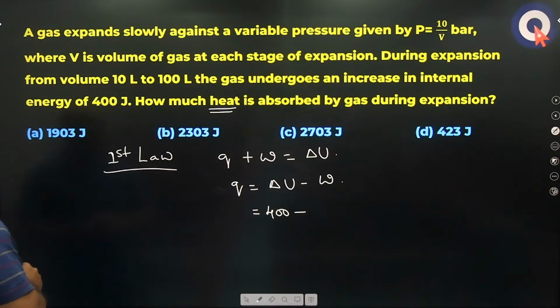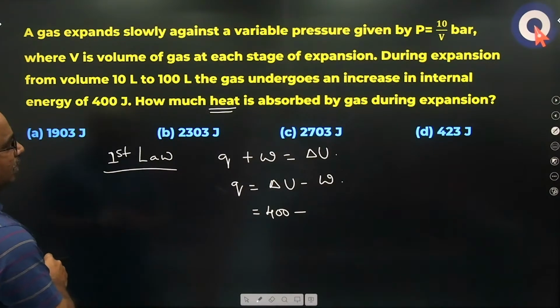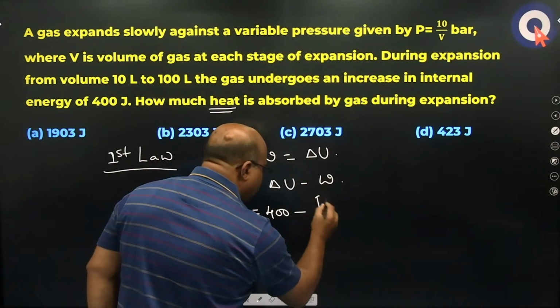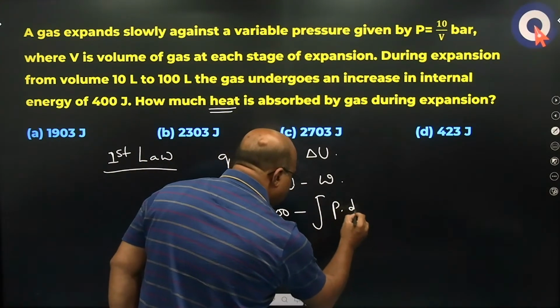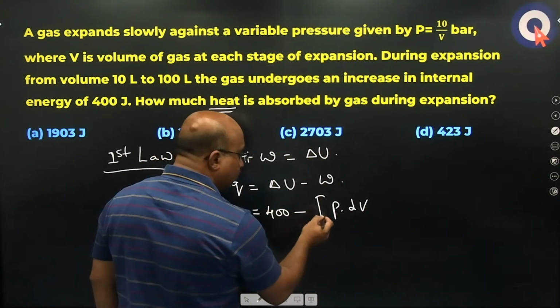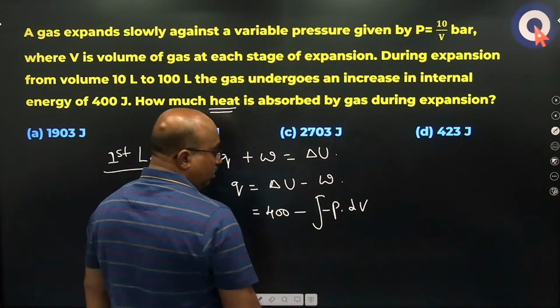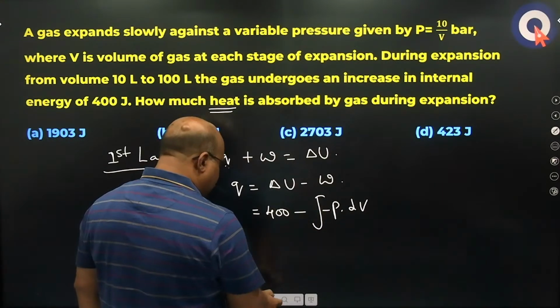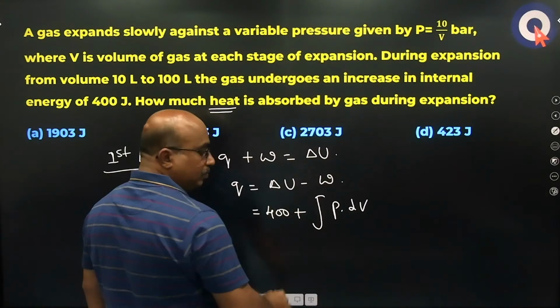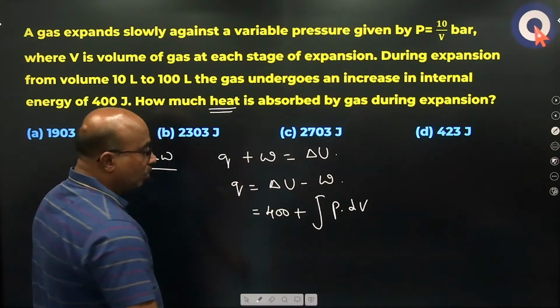So with a variable pressure, when the process is done, what you generally see is we directly try to integrate that P into dV to get the net work done, but we write it as minus, so that it is minus of this, minus will become plus here directly. So what are the limits now?